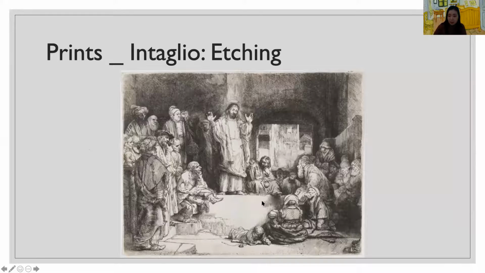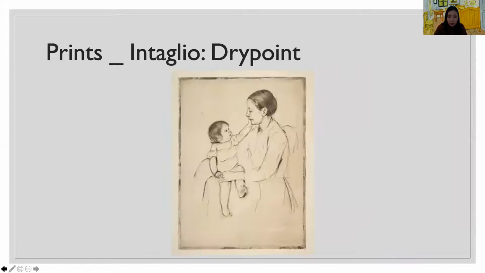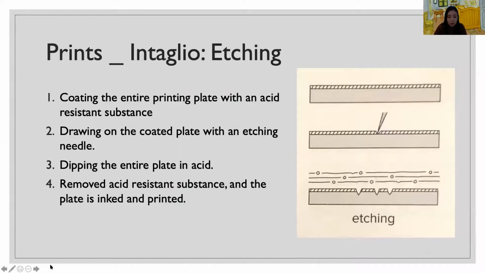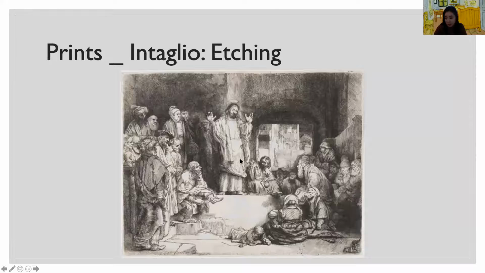It shows deeper shading lines in the background compared to the dry point because it's using the acid to make a depression of the lines. So that is the biggest difference with the dry point.